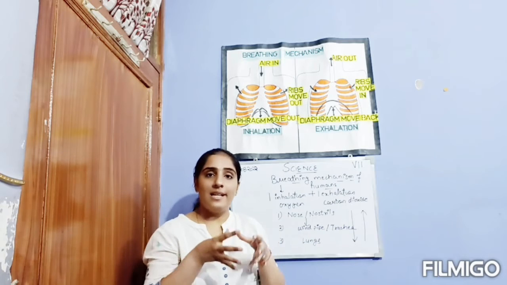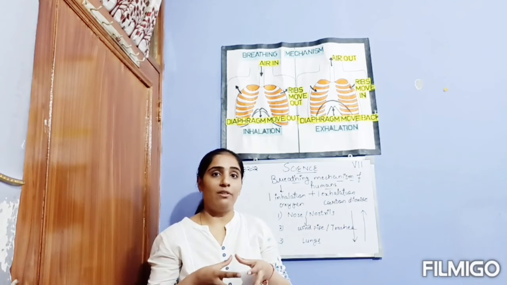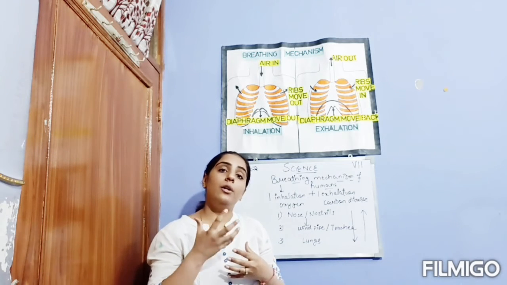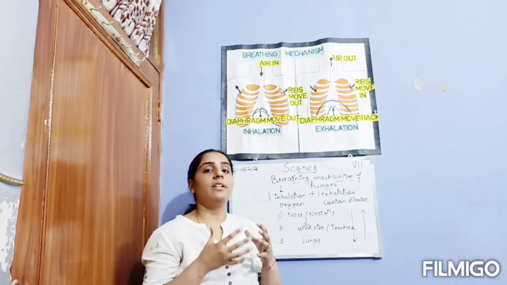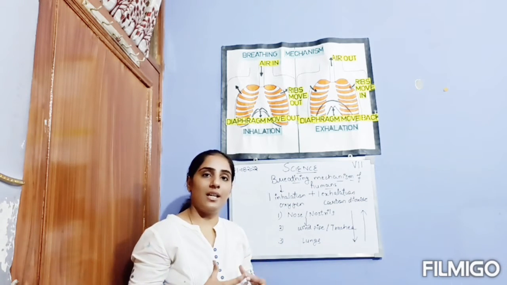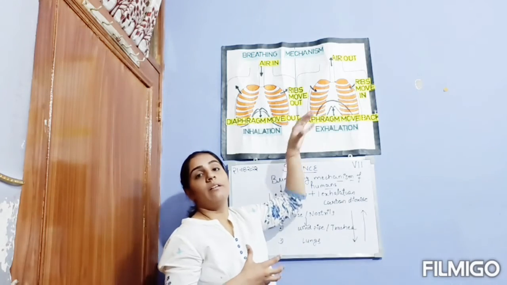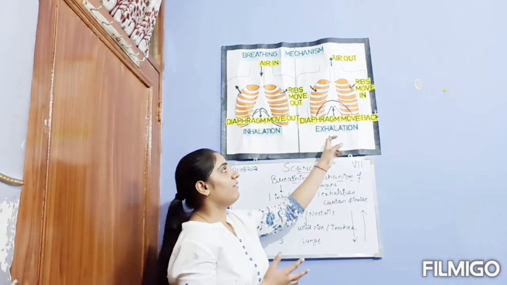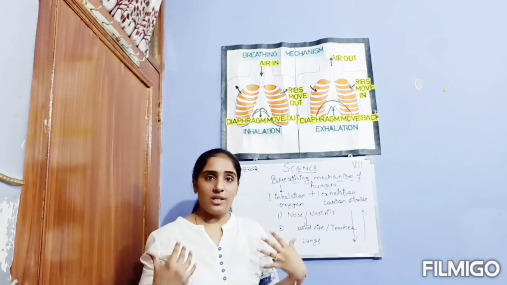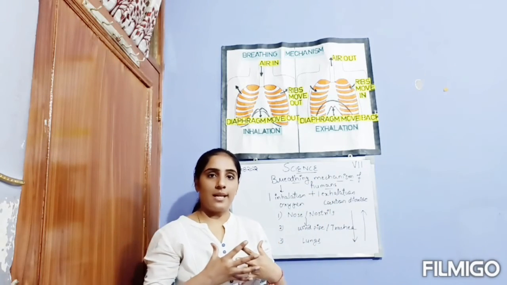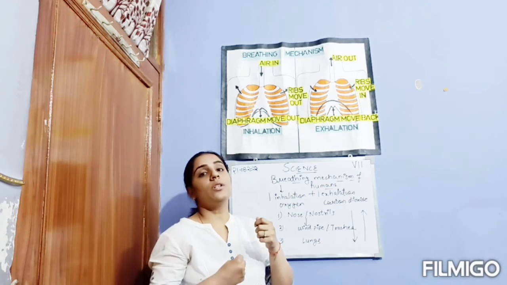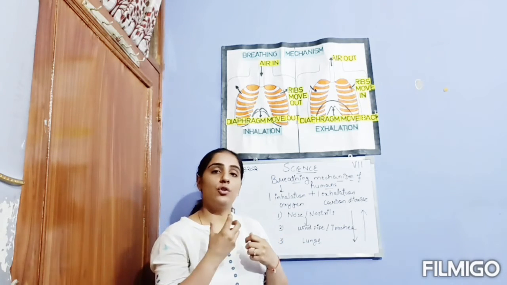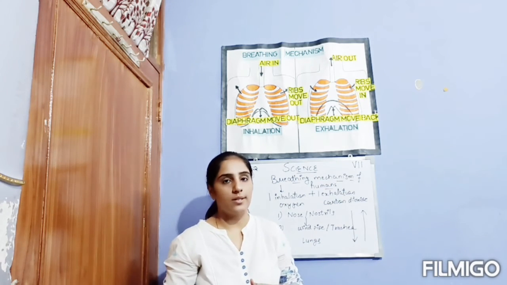When there is less space in the lungs or the chest cavity, there is less space for the air to stay in, and the air from the lungs will try to rush out of the body through the nose. So when we exhale, our chest cavity reduces in size because it needs to push the air out of the body, which consists mainly of carbon dioxide.